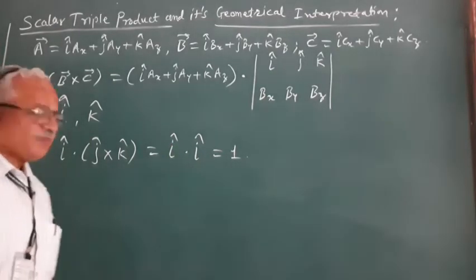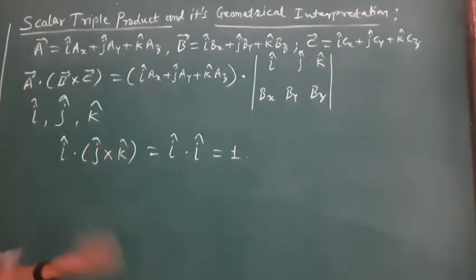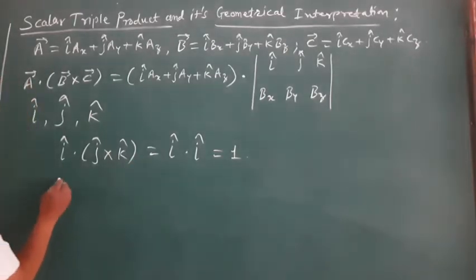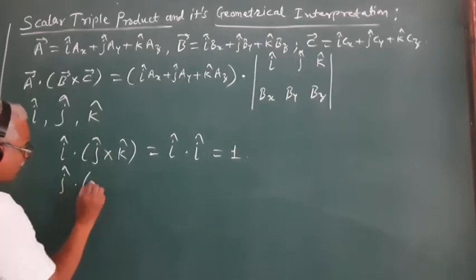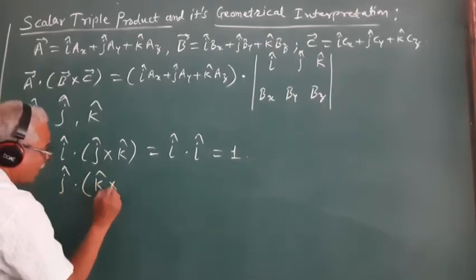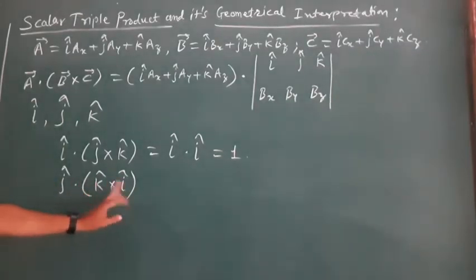Similarly, if we rotate these three unit vectors in cyclic order, the other combinations for the scalar product can be expressed as j dot k cross i.